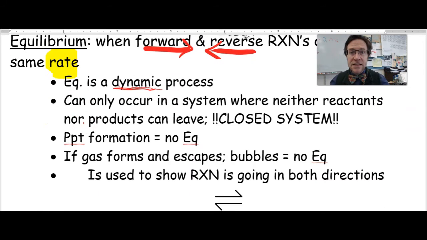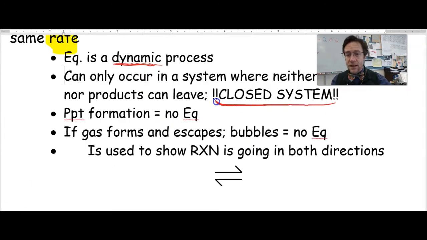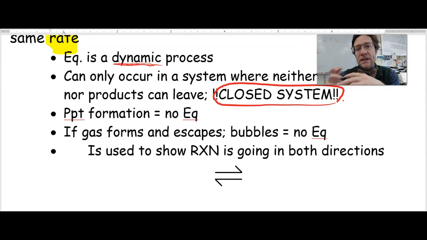The other thing that's kind of clutch here is it has to be in a closed system. In other words, all the reactants and the products have to be held together, because if you have a forward reaction and the products are taken out, like you could scoop them out, or if the products are bubbles and they float away, then the products aren't there to collide to make the reactants again.